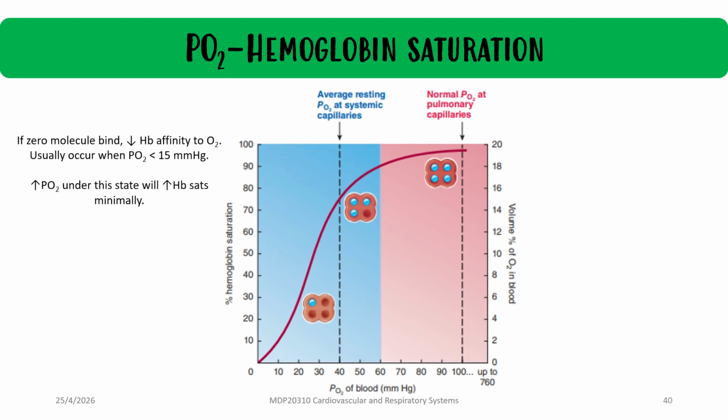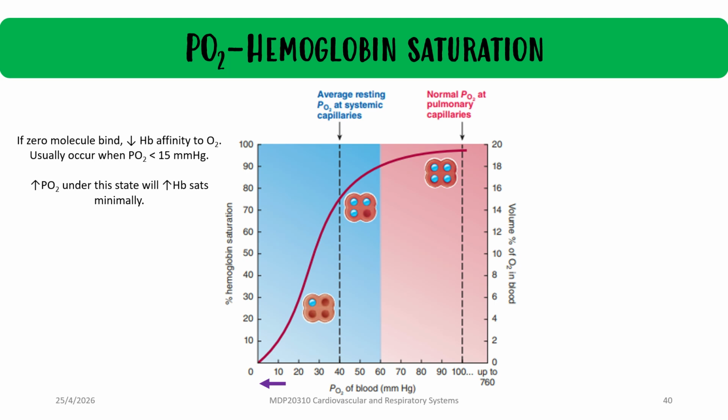Now let's see what happens at a lower PO2 of less than 15 mmHg. There will be no bound oxygen if the PO2 is lesser than 15. This means the hemoglobin has low affinity to oxygen, so low attractiveness to oxygen.